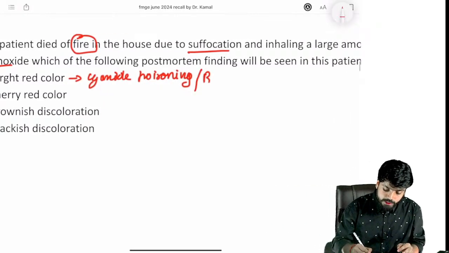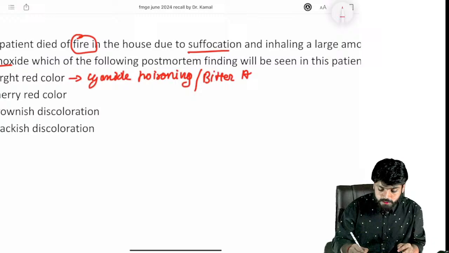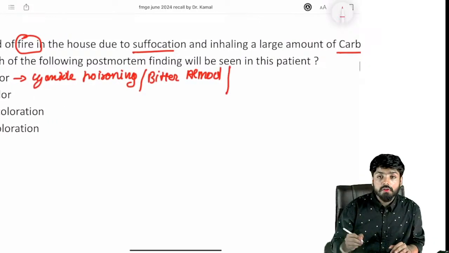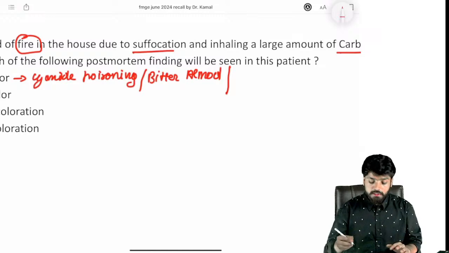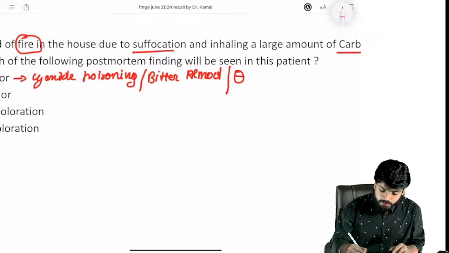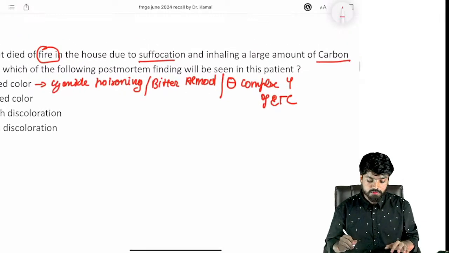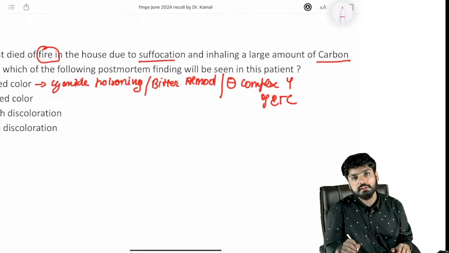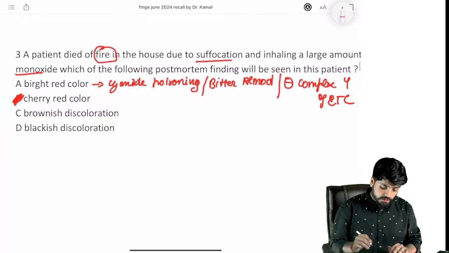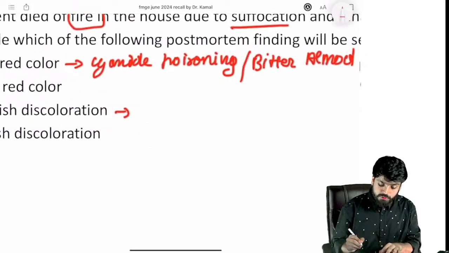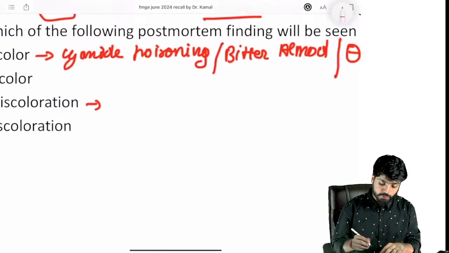It has bitter almond smell. What else does it do? It does inhibit complex 4 of the ETC. So these are the enough required things that you can remember about cyanide. Brownish discoloration is seen in many poisonings.